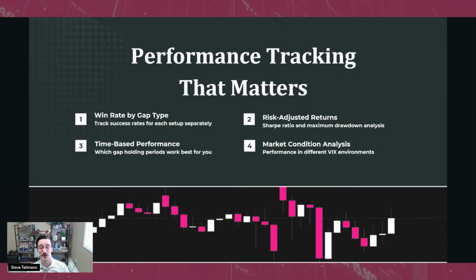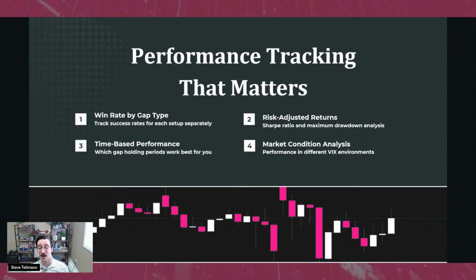And so this really helps take it out of the abstraction of just concepts that I can teach you, but actually seeing it happen and seeing your own notes confirm that will be really validating and help you believe that I'm not completely full of crap, which sometimes I definitely am, but I do think this stuff is very valid. So keep an eye on the win rate by gap.